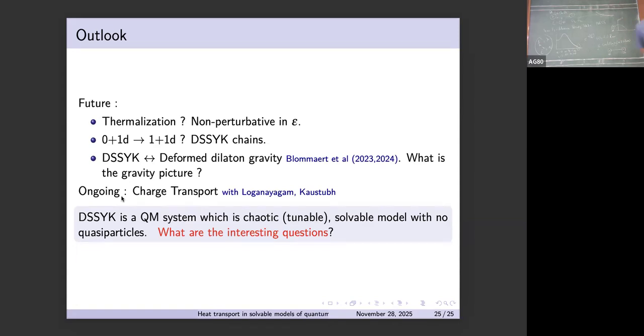Can I ask one question which I wanted you guys to pay attention to? I don't know it well enough. You didn't talk about entanglement, but what is the relation between how systems thermalize and how entanglement spreads?